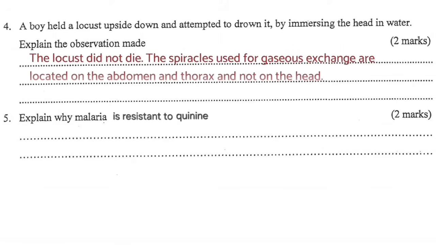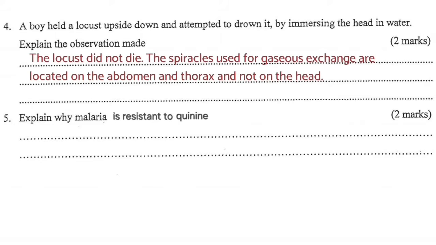The reason being that when it comes to the locust, insects in general, their gaseous exchange system is the tracheal system, which consists of the spiracles, the trachea, and the tracheoles. Spiracles are openings that are located on the thorax and the abdomen, not the head.